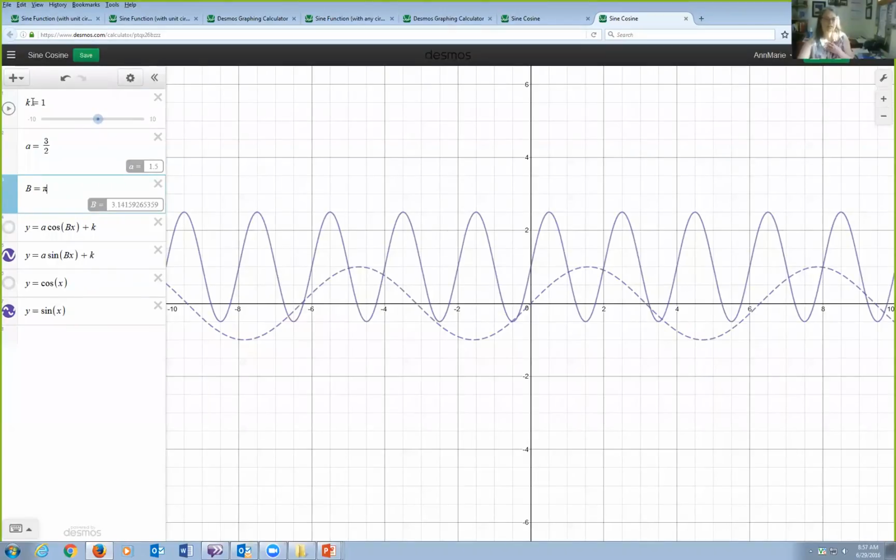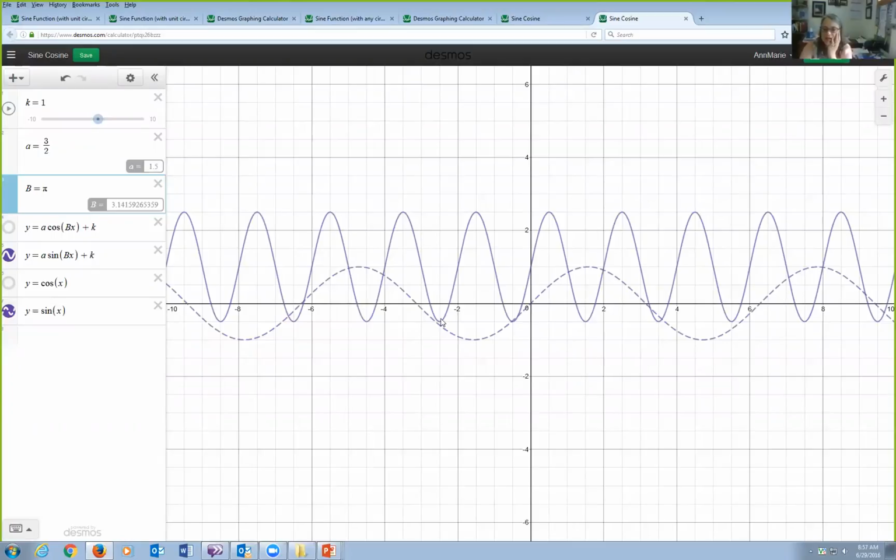Now, okay, let's see if I got that right. I wanted an amplitude of 3. My function goes from 2.5 to -1/2. So yes, that's 3.